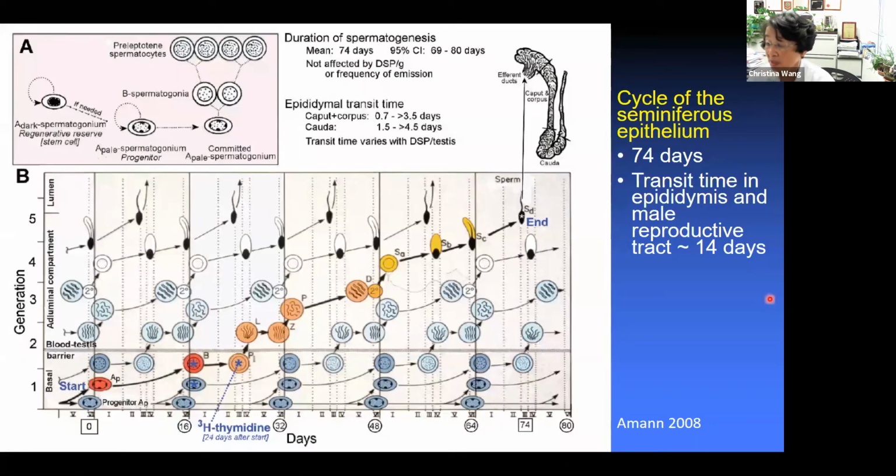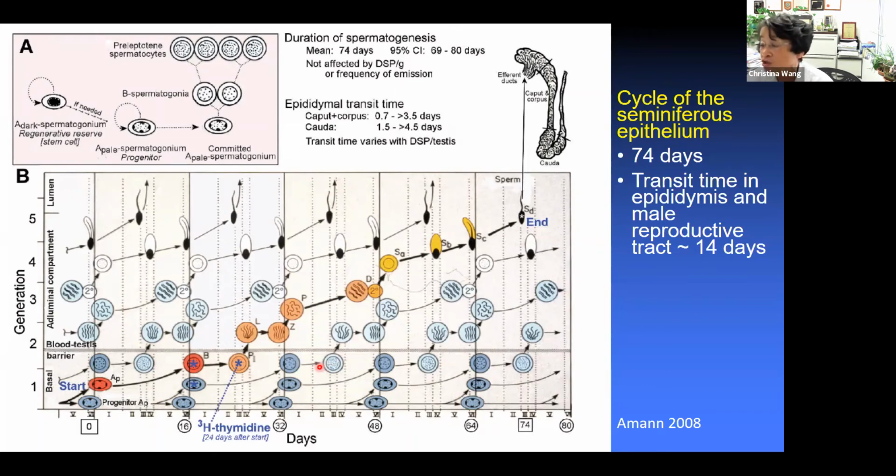In the human, it's a little bit more complicated. It's not like a wave that goes from one stage to another. It's spiral. So the seminiferous tubule is like a tube, and if you cut a cross section, the cell association is different and you have all sorts of stages.